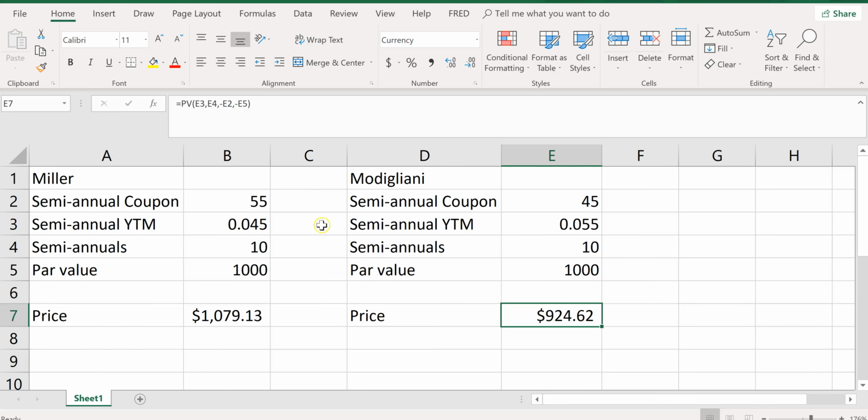And after 10 years, the remaining maturity is only 1 year. So that makes the number of semi-annual periods 2 for both.